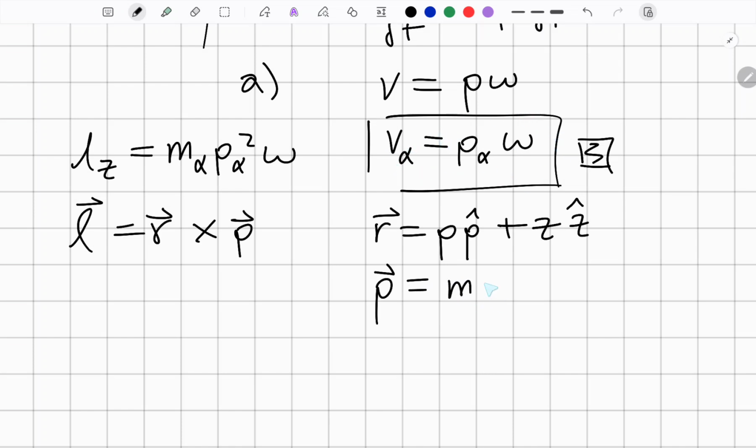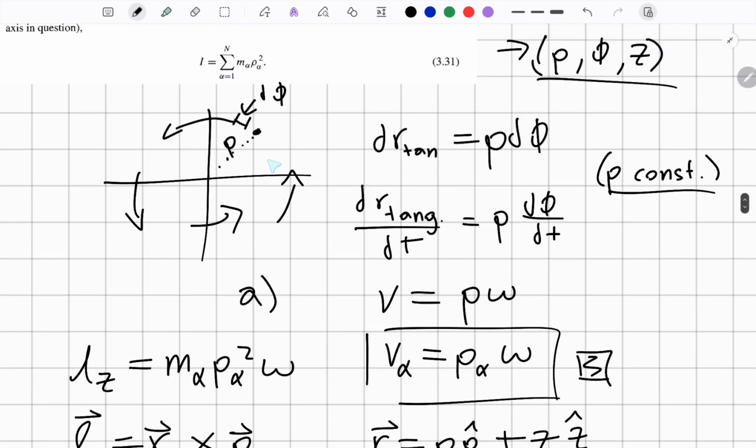We know that momentum is mv, so mass of alpha, v of alpha. If we want to do it in that way, we'll leave it without the alpha on there for now. So it's going to be mv, which is the same as m rho omega. And we're going to put the phi unit vector because it's moving in that phi direction as we showed up here.